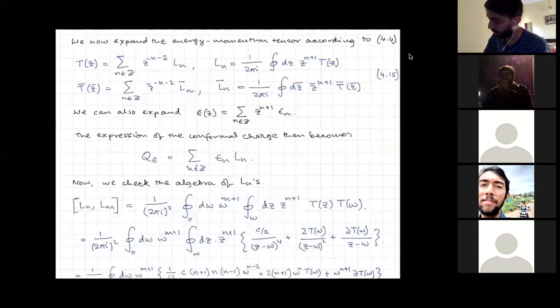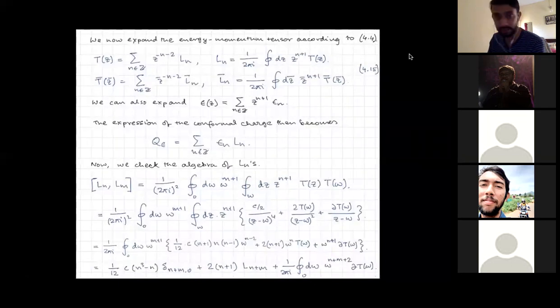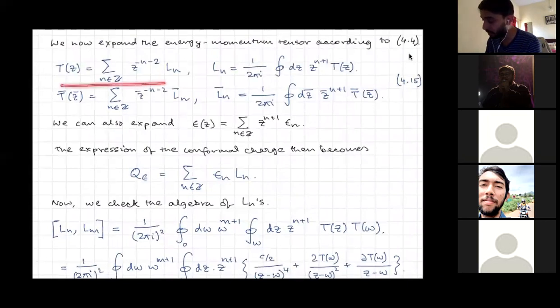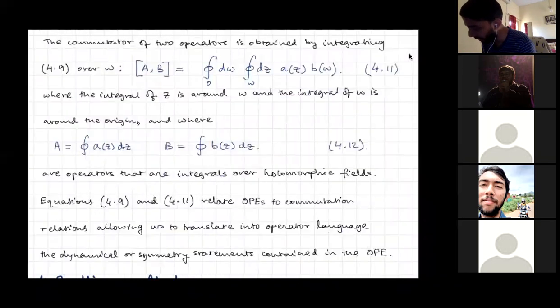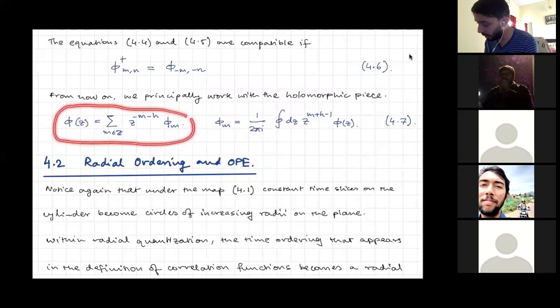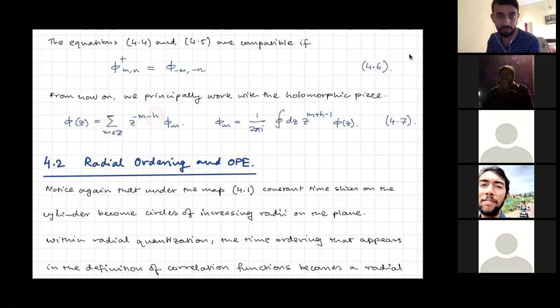Now let's do the following. Let's expand out the energy momentum tensor in the same way as we did for the fields before. Remember what we were doing with these fields φ: if you had a field φ(z), you had to expand it in z to the minus m minus h, where h was the weight of the field.